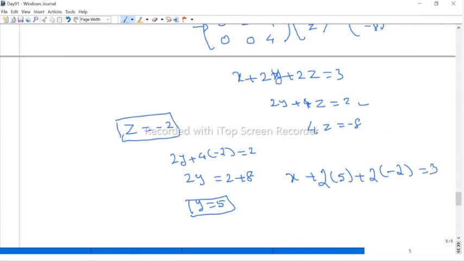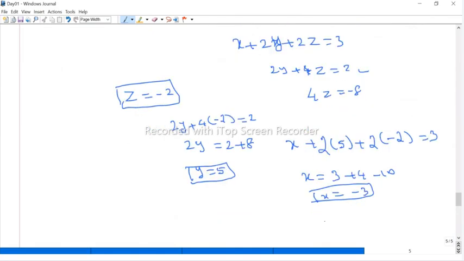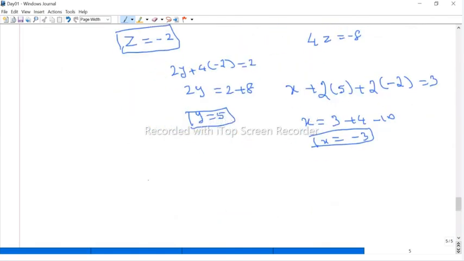So x equals 3 plus 4 minus 10, which is minus 3. Therefore the solution is x equals minus 3, y equals 5, z equals minus 2.